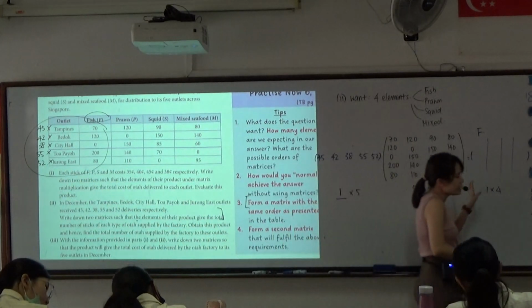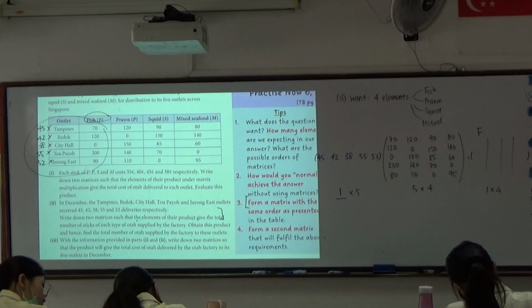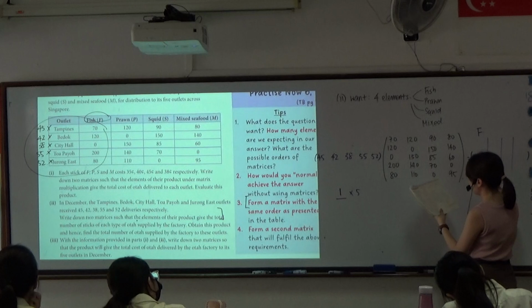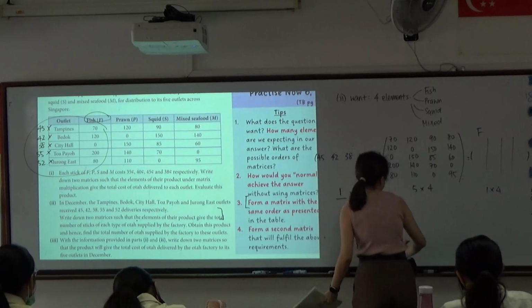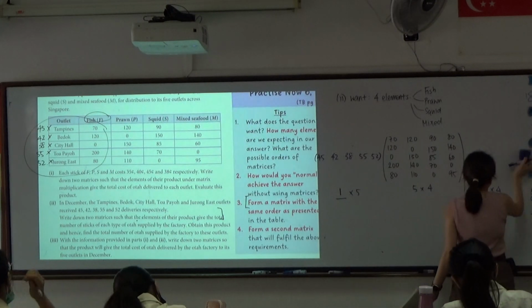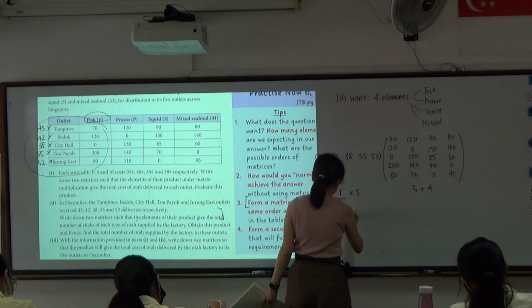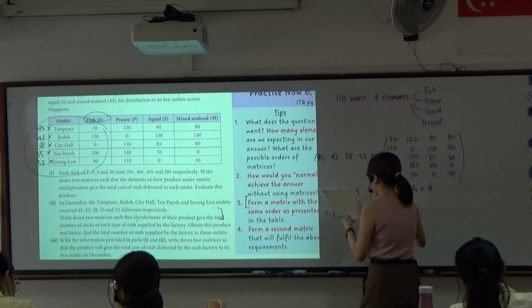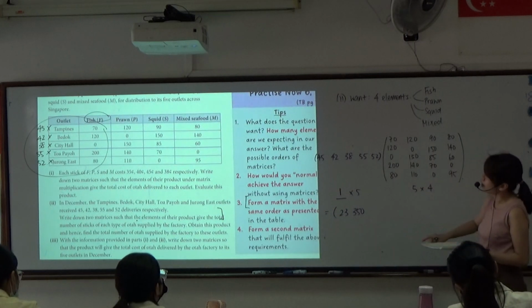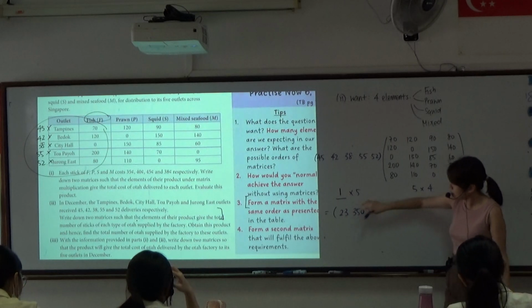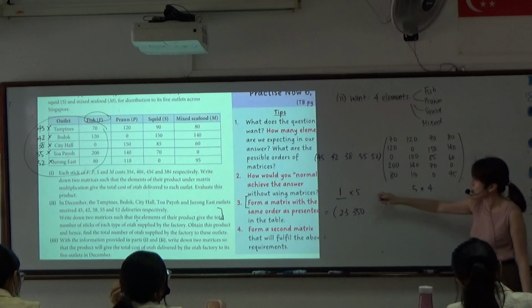So we do that calculation using our calculator, and then we will be able to get 23350. I don't think I have enough space there. So we get 23350, and then I do the same in order to get my second element. It is the first row, second column.